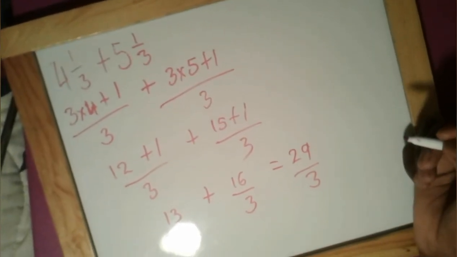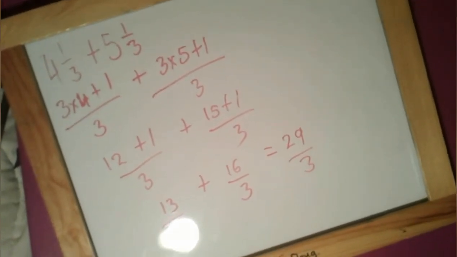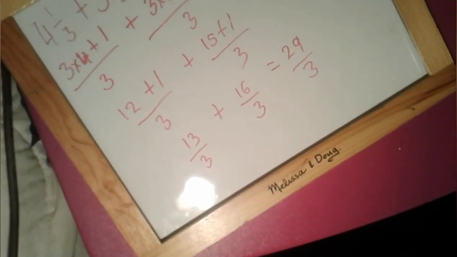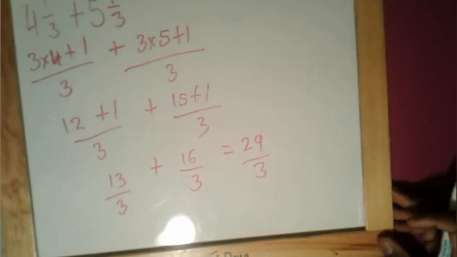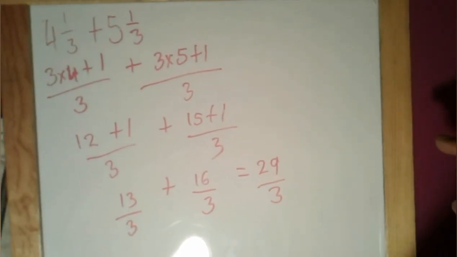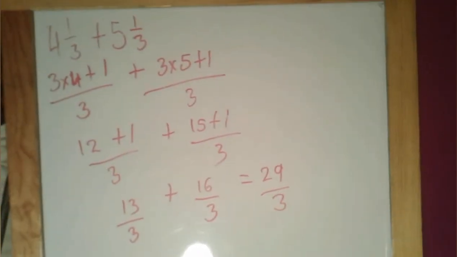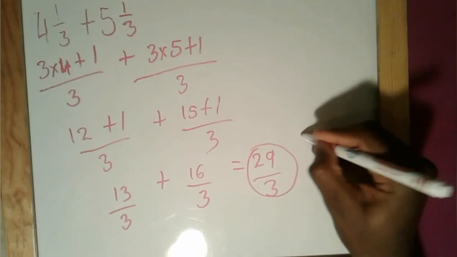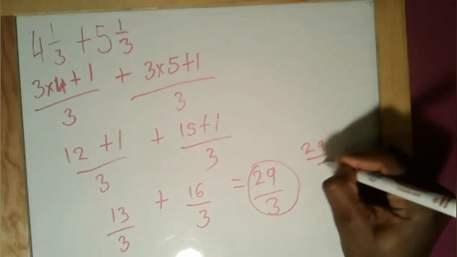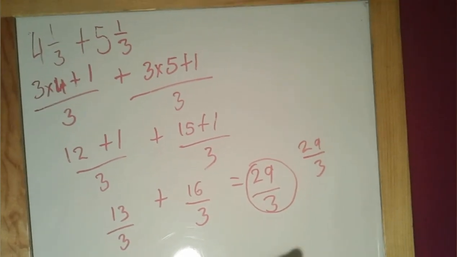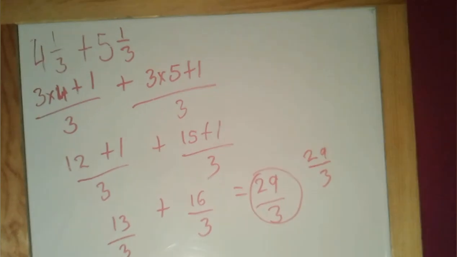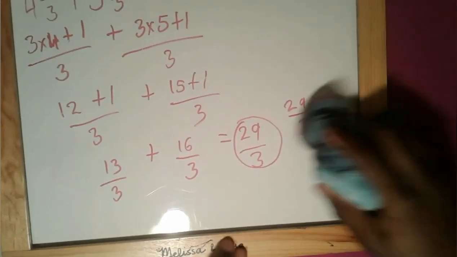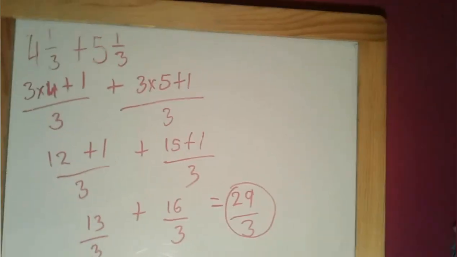So you notice that you can't, I don't know, but I think you can, but you can't. Yeah, you can. So the answer will be that, 29 out of 3, unless you divide it the long way, you will get a decimal, and I don't know if for real you'll get a decimal.